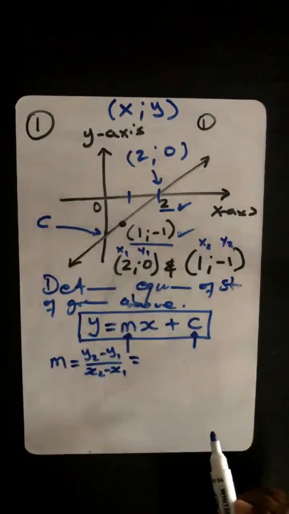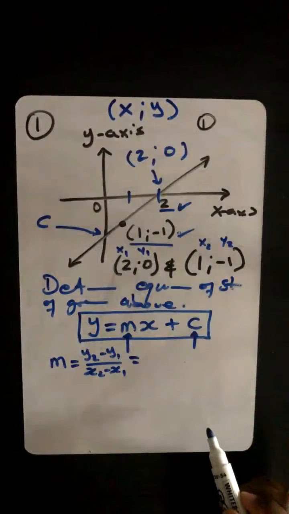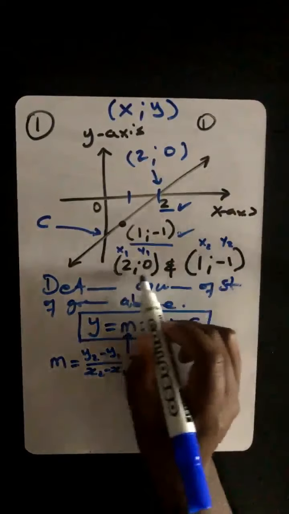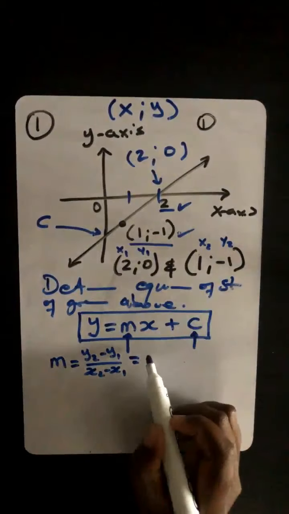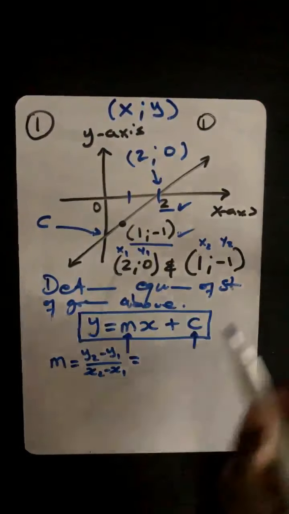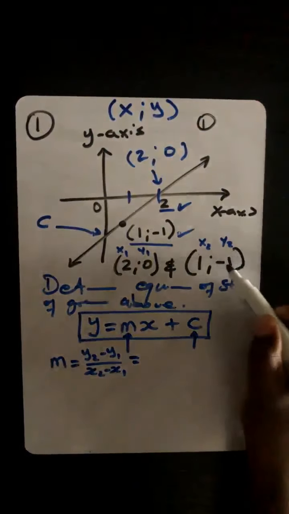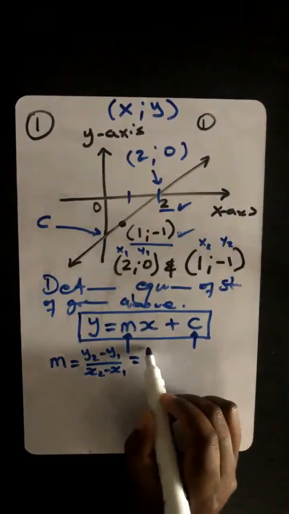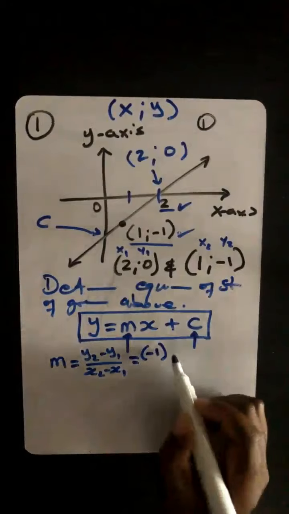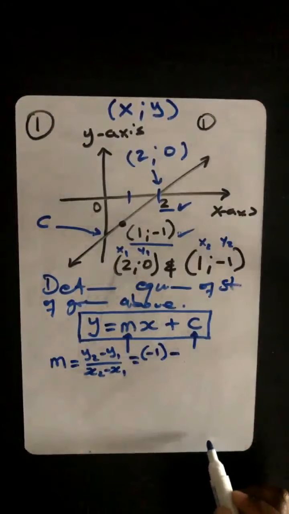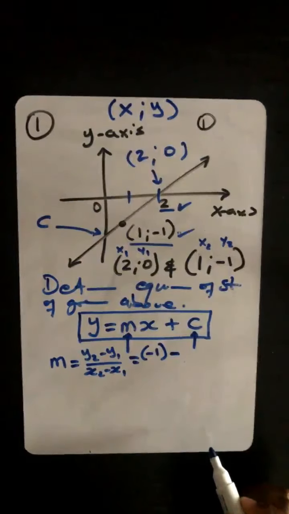So all that we need to do is just substitute these values into our formula. So let's substitute. What is our y2? Obviously our y2 is -1. Most importantly, substitute in brackets. So we have -1 minus, what is our y1?